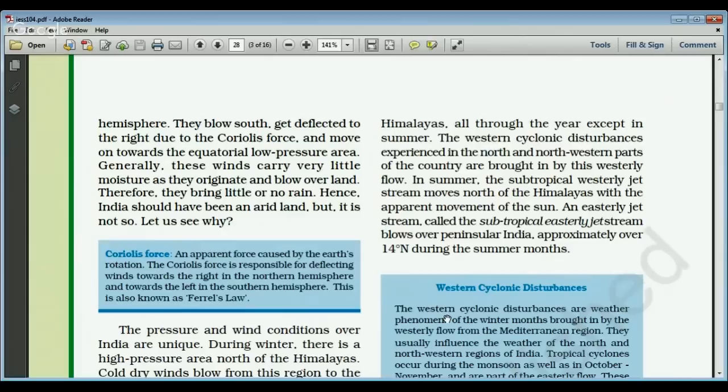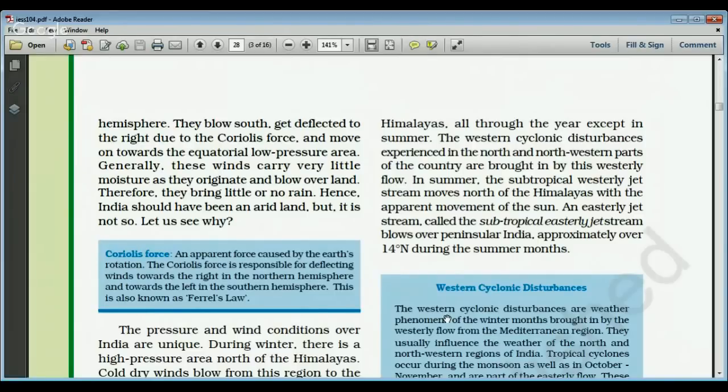These winds carry very little moisture because they originate and blow over land only, and don't come across any river or water body, and that is why they bring no rain or very little rain.